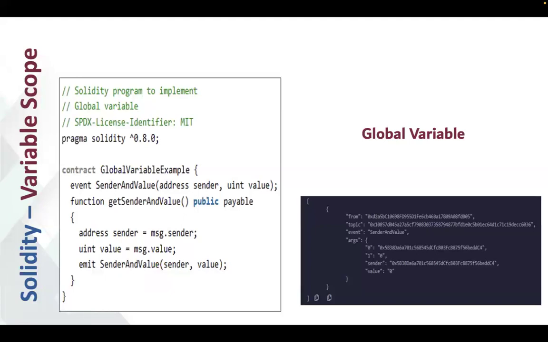So we can say global variables provide valuable information about the current execution context and allow you to interact with the blockchain, handle payments, and make decisions based on the sender and the value of the transaction. It is important to note that global variables are accessible throughout the contract and can be read by any function. However, they should be used carefully and with proper validation to ensure the security and integrity of your smart contracts.